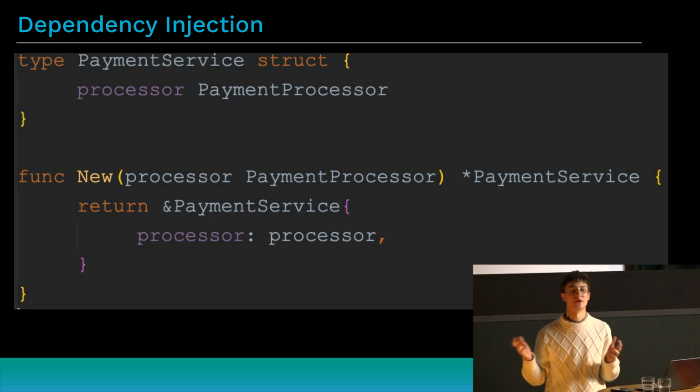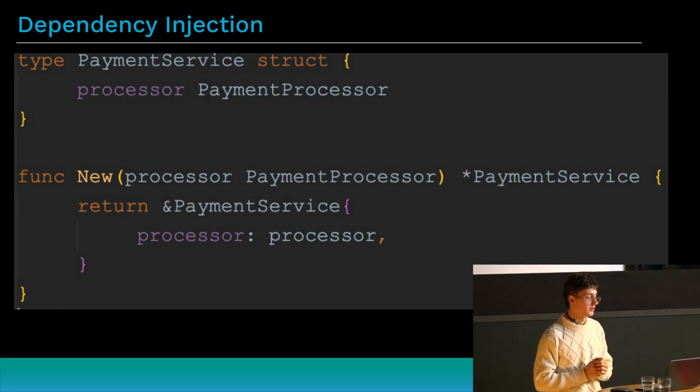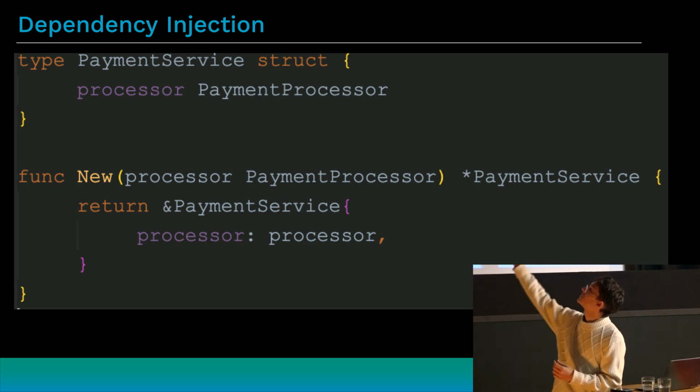Yeah, almost everyone. So in Golang, it usually looks like a New method, and this New method returns us a payment service as a pointer to the structure that we just created. Our New method will just accept the abstraction and then save it in one of the payment service fields.